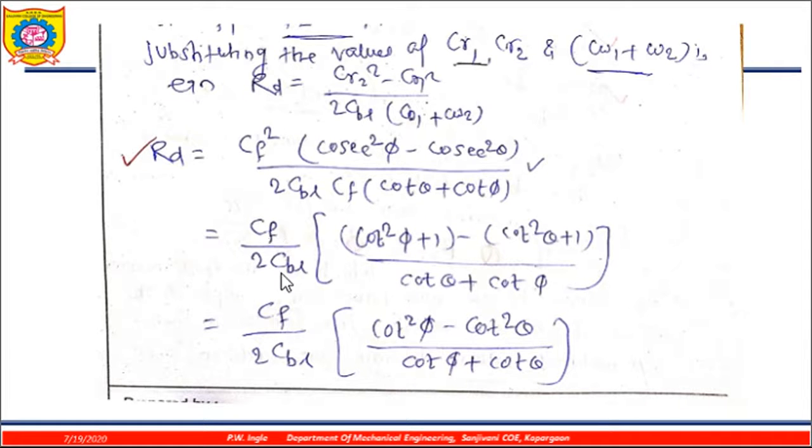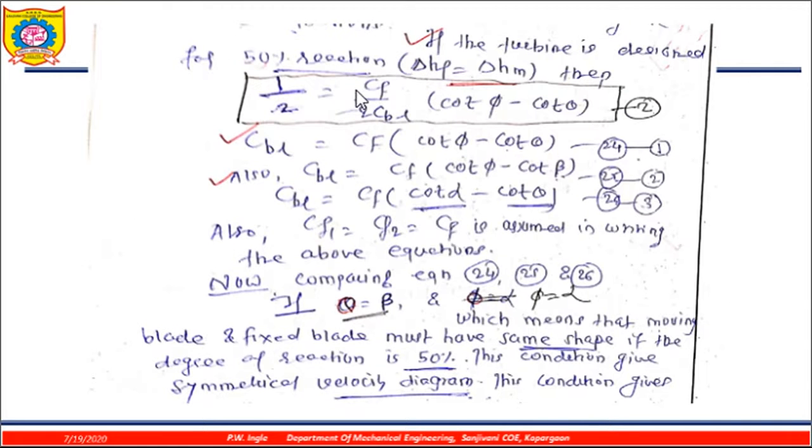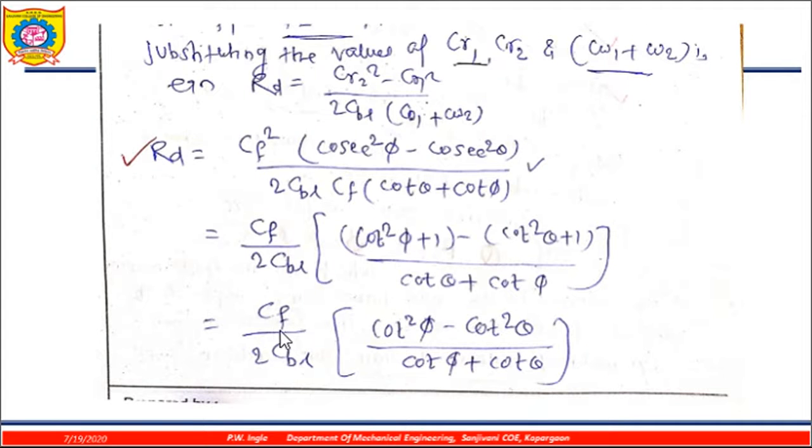Cosec squared phi is cot squared phi plus 1, so by taking Cf common, you get cot squared phi plus 1 minus cot squared theta plus 1 upon this. Finally you get the equation: Cf upon twice Cb times (cot phi minus cot theta).